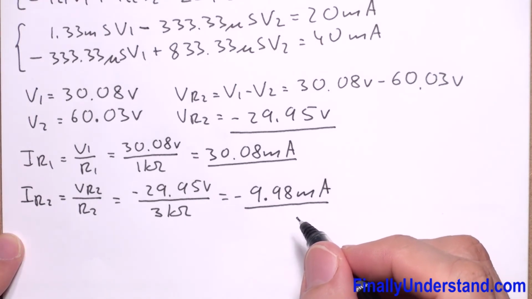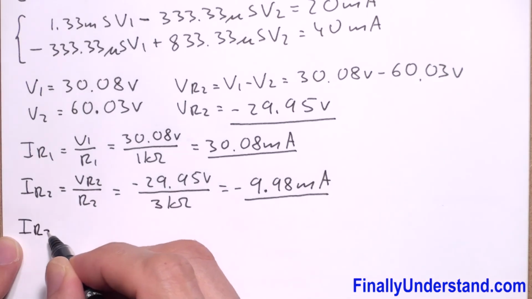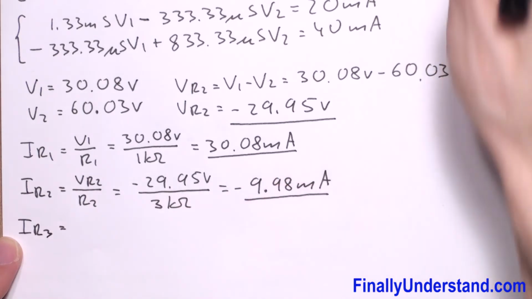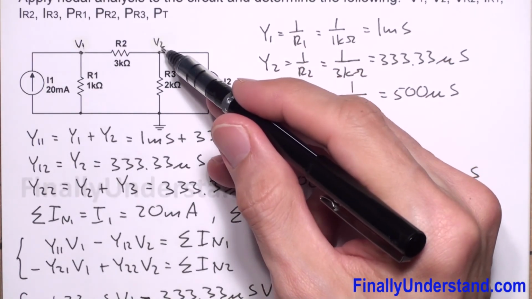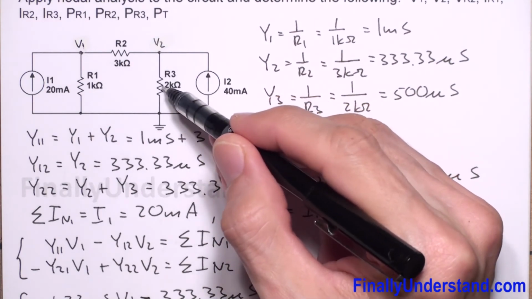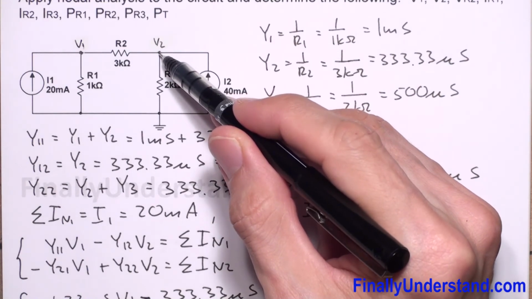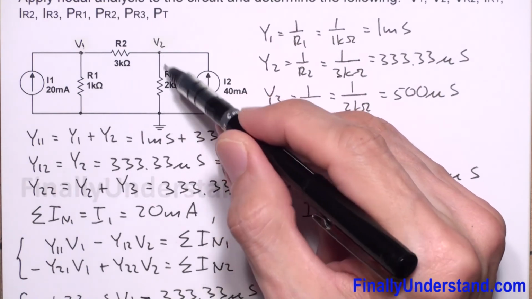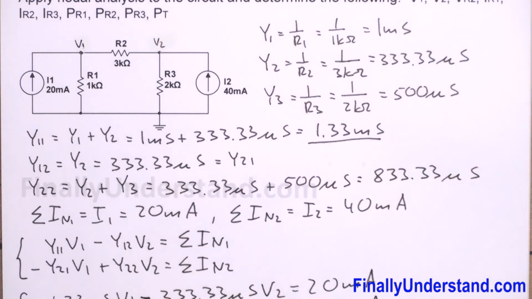Next, I'm supposed to find the current IR3. IR3 is equal the voltage V2 divided by resistance R3. Voltage V2 is the voltage between this point and ground. So this is voltage across this resistor. So V2 divided by R3 will give me IR3.